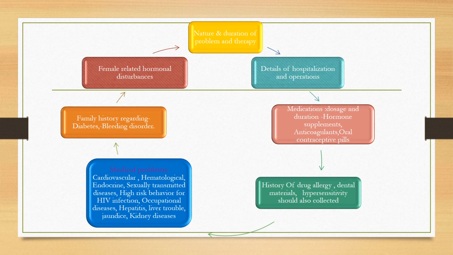If there is anything, the nature and duration of the problem and therapy should be noted, and if there is any incidence of disease, then details of hospitalization and operation should be noted, and the medications, dosage and duration, hormone supplements if they are taking, anticoagulants, oral contraceptive pills. All this might affect the gingival findings, so it should be noted. Then history of drug allergy, dental materials, and hypersensitivity should also be collected.